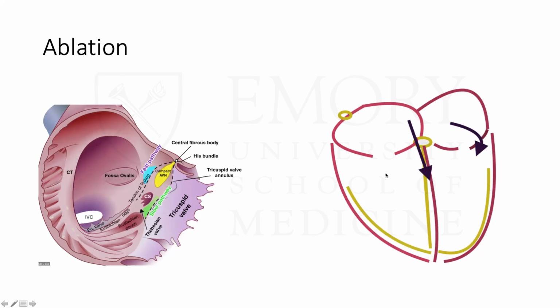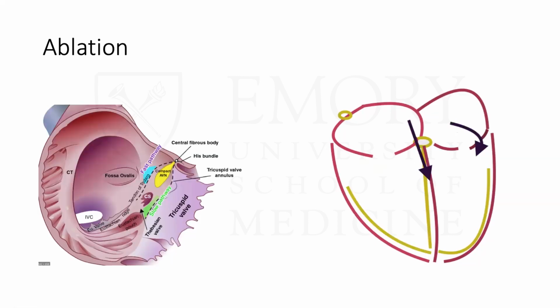For AVRT, we're targeting the pathway, and I've drawn it on the left side, but obviously right-sided pathways occur. Also, some people have multiple bypass tracts. Then for atrial tachycardia, it depends on the substrate and the patient, but ablation is also pursued for ATs in some cases.